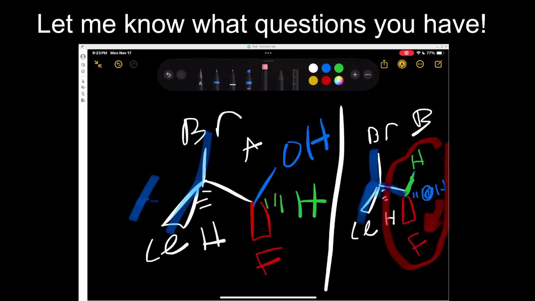Let's just clean it up a little bit. So when this OH is looking in front of it, it sees a fluorine. If I rotate the OH down here, OH goes there, H now would go in front of it, and fluorine would move over here.